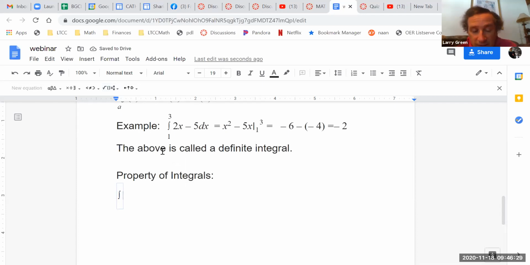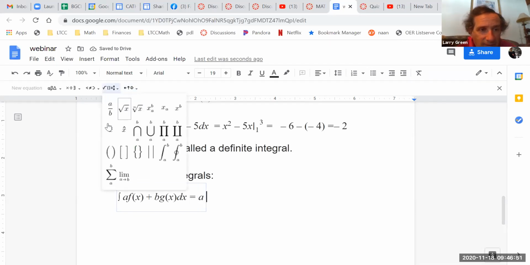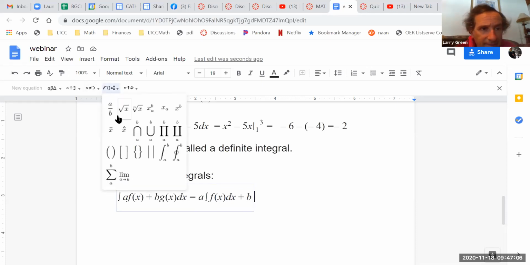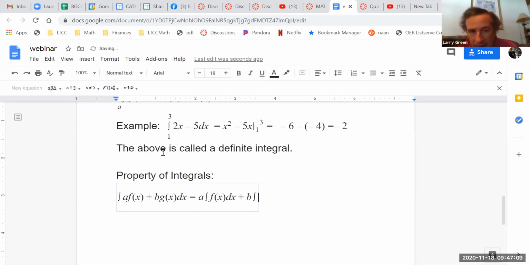If we take the integral of a times f of x plus b times g of x dx, then that's equal to a times the integral of f of x dx plus b times the integral of g of x dx.